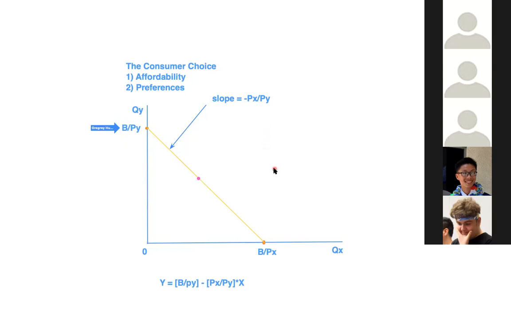If your budget was expanded, then it would be affordable. So these things way out here may be desirable, and it may be that under some circumstance the consumer could purchase those combinations of the goods.